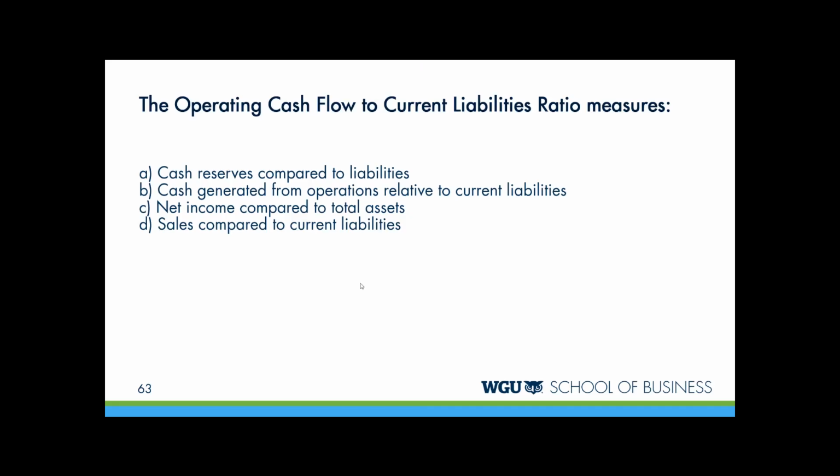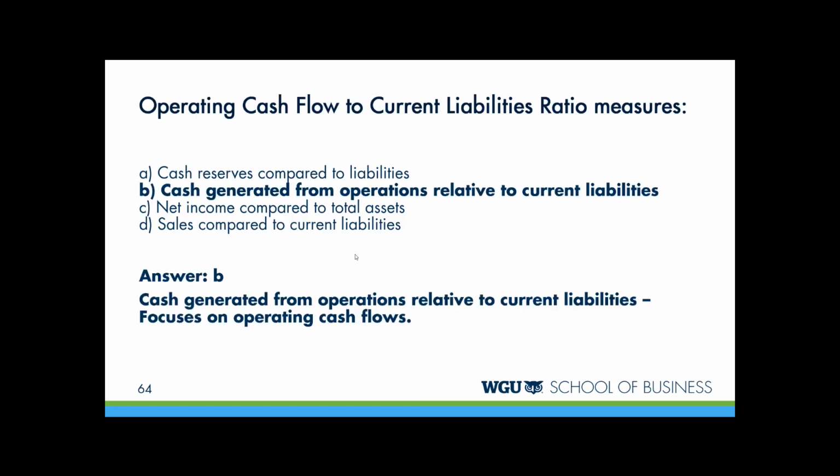Okay, and the answer here is going to be B, the cash generated from operations relative to our current liabilities, and it focuses on our operating cash flows.